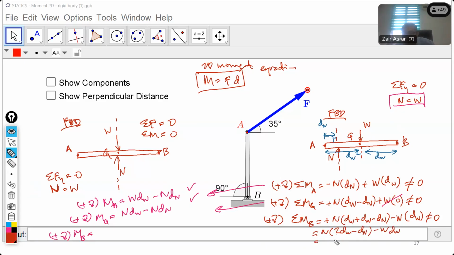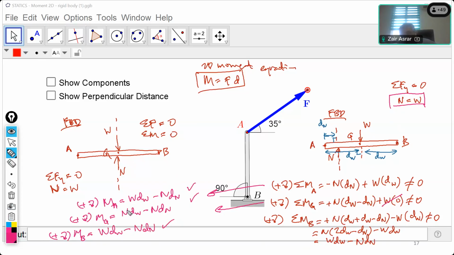So you have here W dW minus n dn. So this will be equal to W dW minus n dn, basically the same thing as well.